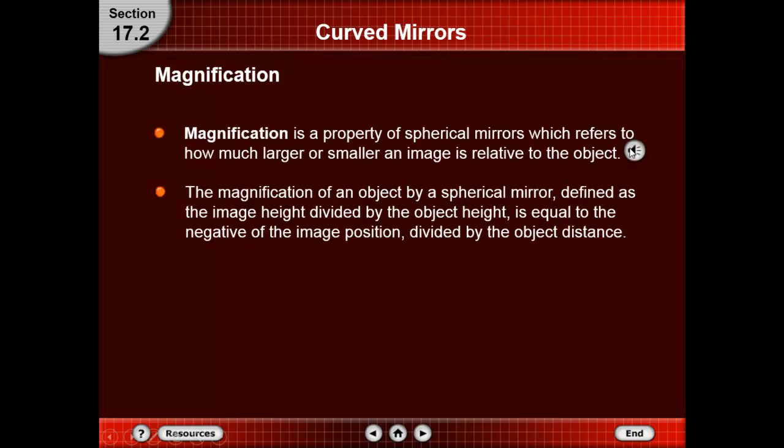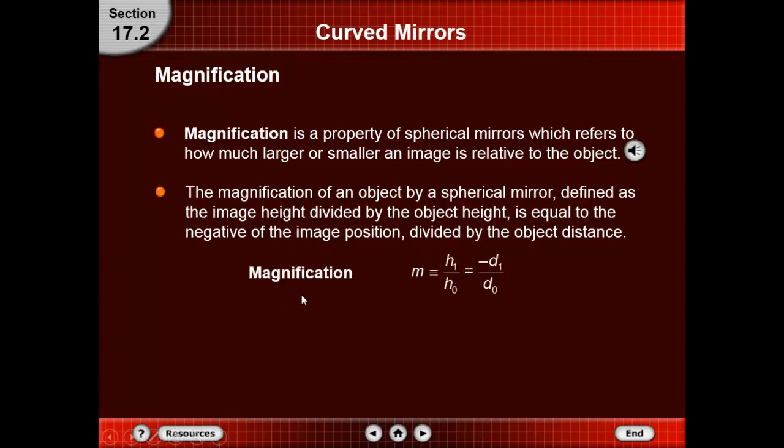Well, I have a rule for the magnification. How do we calculate the magnification of the image? Magnification is a property of spherical mirrors which refers to how much larger or smaller an image is relative to an object. The magnification of an object by a spherical mirror is defined as the image height divided by the object height, which is equal to the negative of the image position divided by the object distance.